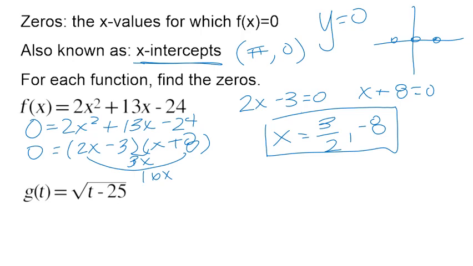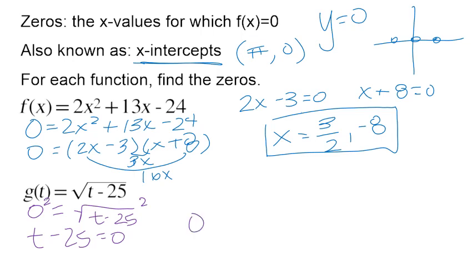Go ahead and press pause one more time. Give this second one a try. It's a little bit of a different question, and then when you're ready, press play and I will do the answer. Okay, for g of t, we're going to do the same thing. We're going to set g of t equal to 0, and we have the square root of t minus 25. In this case, we just want to square both sides, which ends up being t minus 25 is equal to 0.